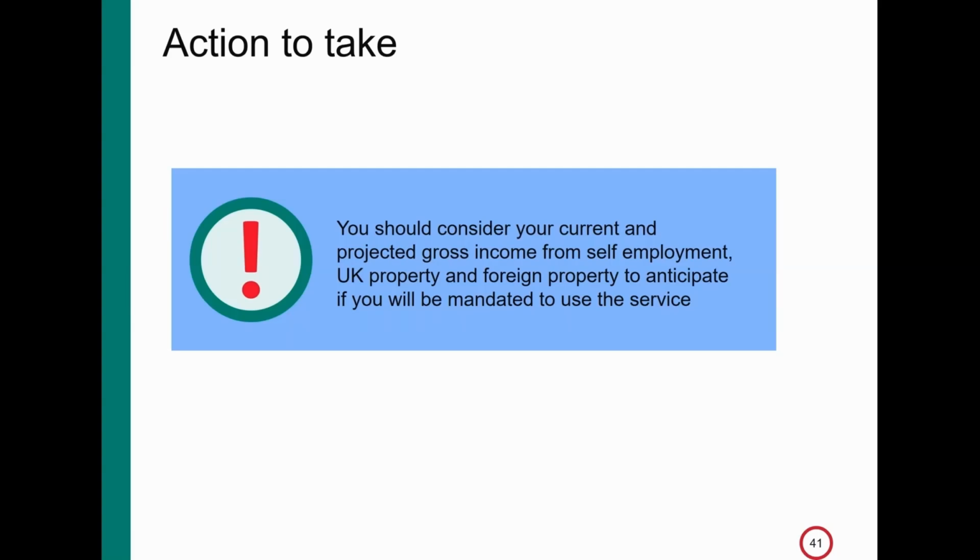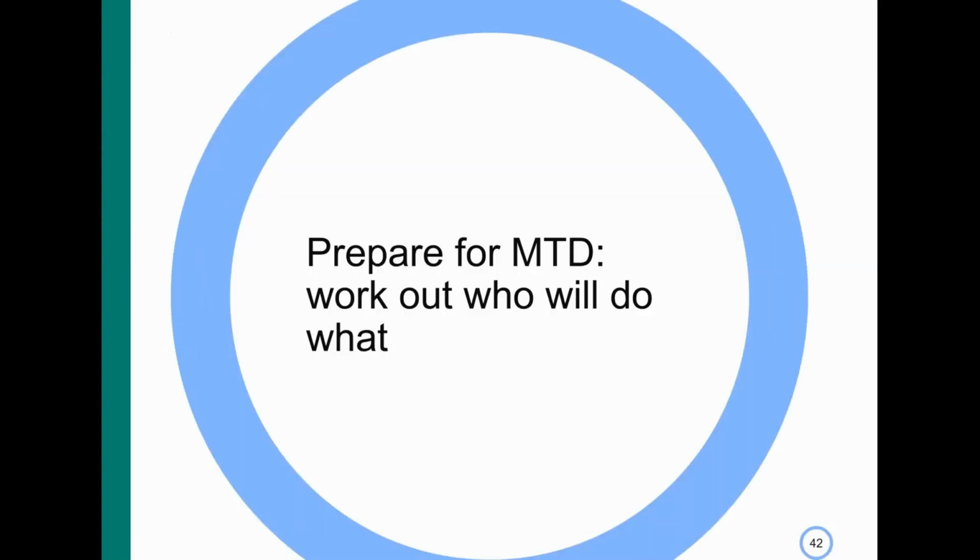You may employ the services of a bookkeeper, an accountant, or both. Consider who will record the digital records using software, submit quarterly updates, and who will carry out end-of-year actions to submit the tax return. Let's talk through each of these steps to help you decide how this will work in practice.